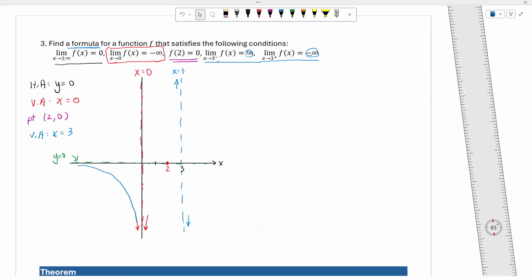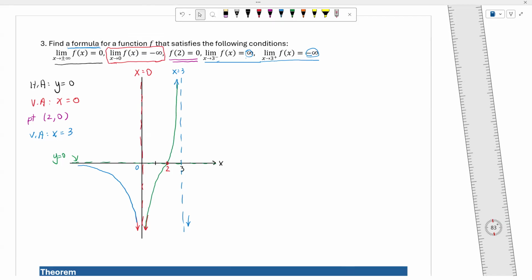And as x is getting closer and closer to 0, the function goes down to negative infinity. And in the middle, right? So x starting from negative infinity, connecting to 2, and then going to infinity.